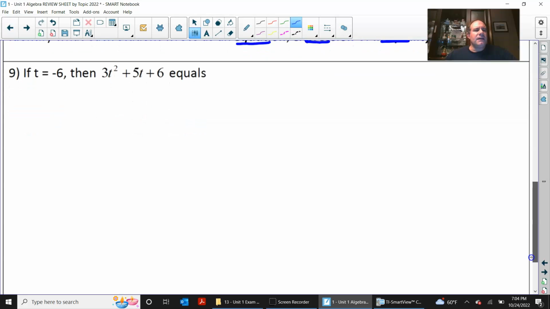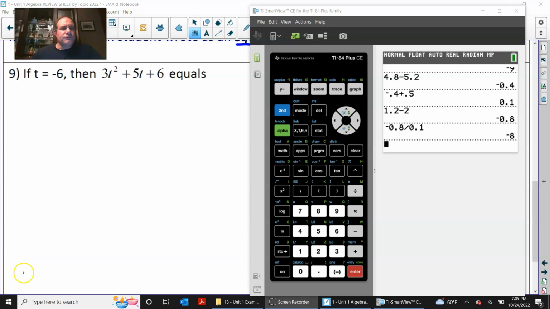All right, number 9. A lot of people have trouble with this, but I'm just going to teach you how to do this the easiest possible way. Use your calculator. So when it says t equals -6, it's like you are getting what t is equal to. So all you have to do is rewrite the whole entire expression with -6 in as t.